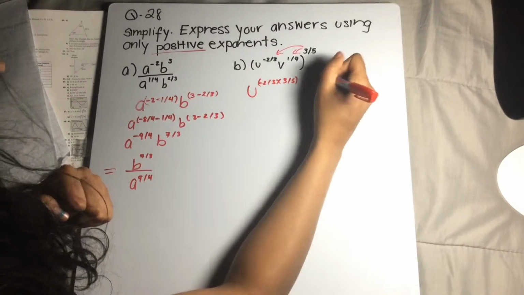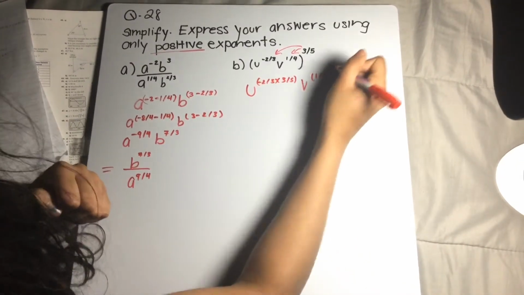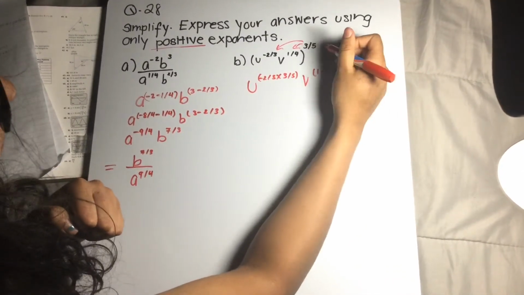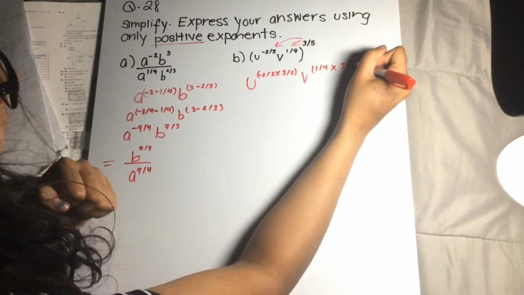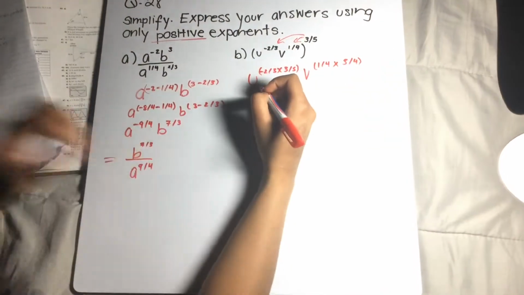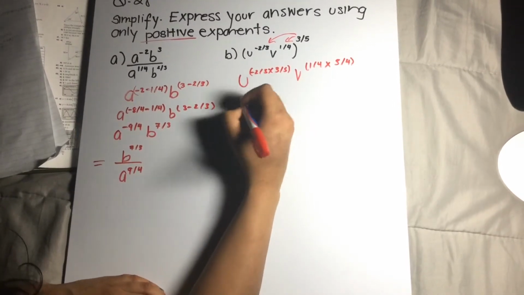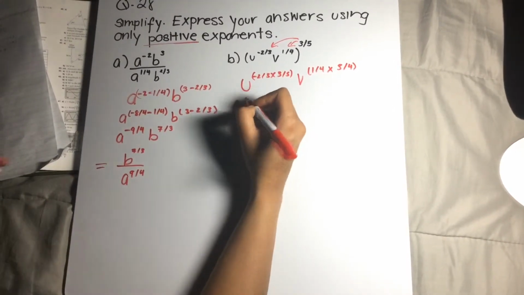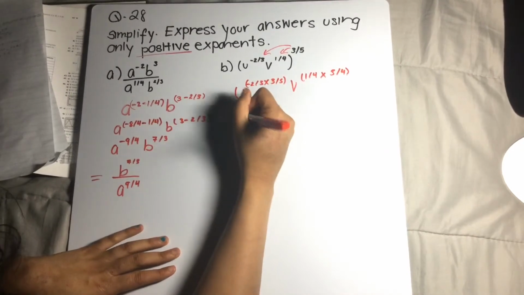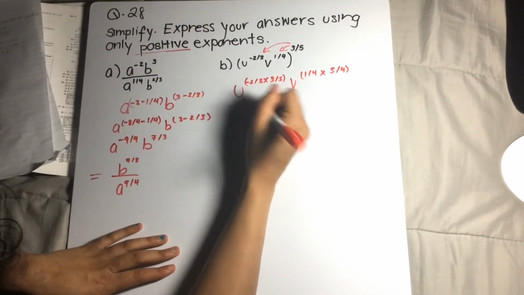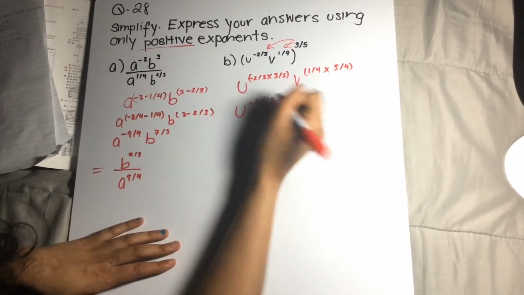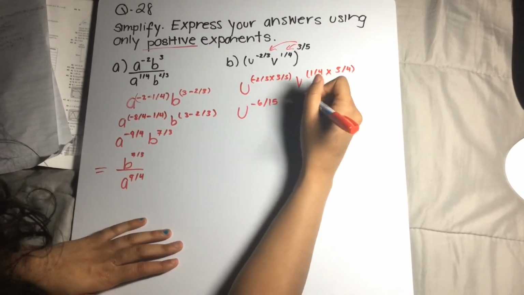And then you have v to 1/4, and you multiply that with the exponent the same way we did earlier. Just multiply across, because with fractions you don't need a common denominator here. In the end, you'll have u to -6/15 and v to 3/20.